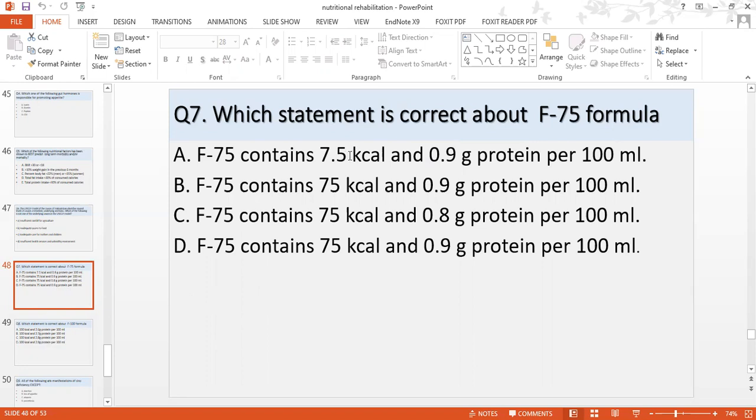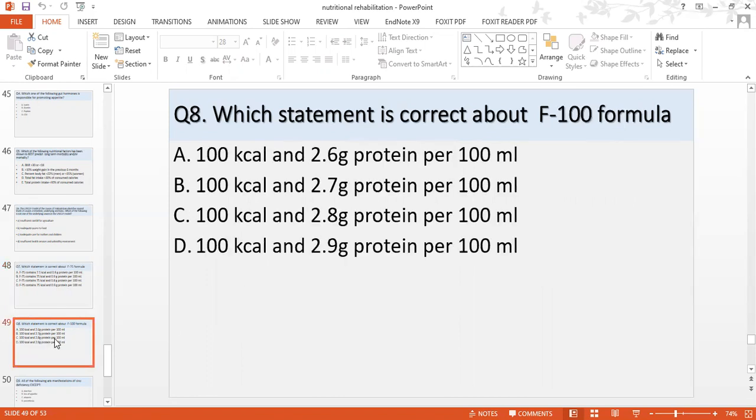A is 7.5 kilocalories, while D, 75 kilocalories and 0.9 gram protein per 100 ml, is the correct answer. The same kind of question about the F100 formula: 100 calories, D, that's correct, 2.9 gram protein in 100 ml.